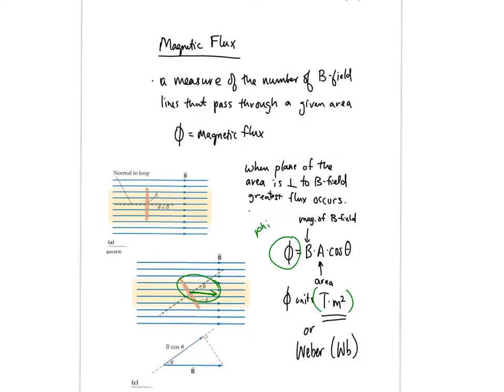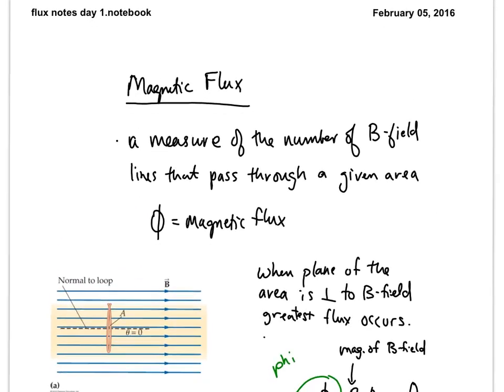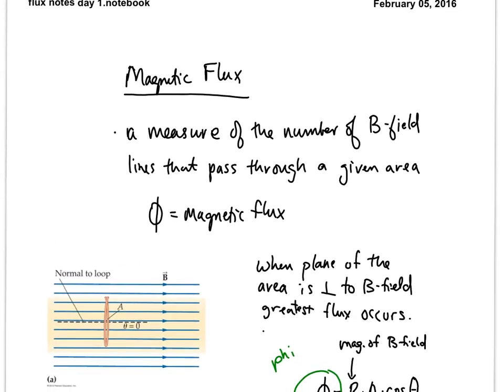Actually, he first defined a concept called magnetic flux. Physicists defined this. I don't know if Faraday was the one that actually did this, but magnetic flux is a measure of the number of B field lines that pass through a given area. It uses the Greek letter phi.